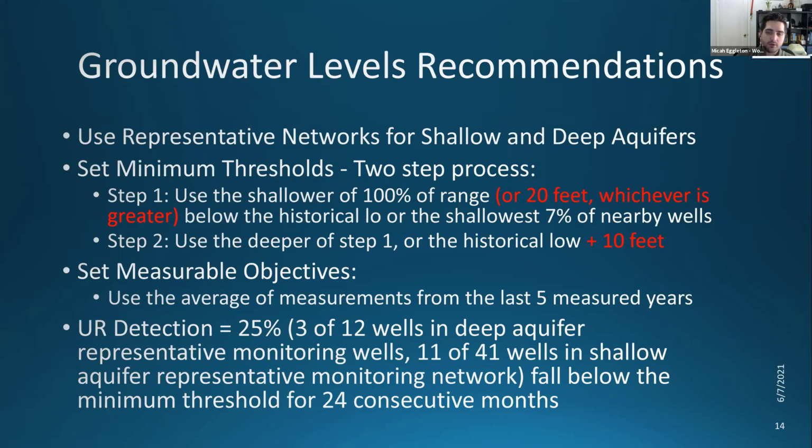The new caveat is, if 100% of range is less than 20 feet, then we just use 20 feet as our historical range. Step 2 is to use the deeper of step 1 or the historical low plus 10 feet. So that red line won't be going through the historical low. It'll be 10 feet below that historical low for those two wells, essentially.